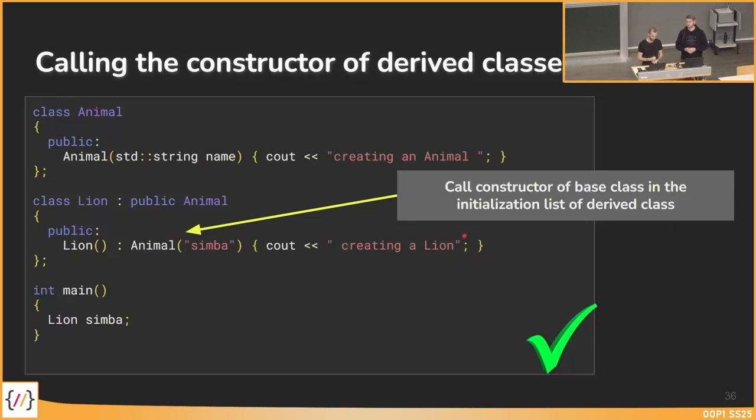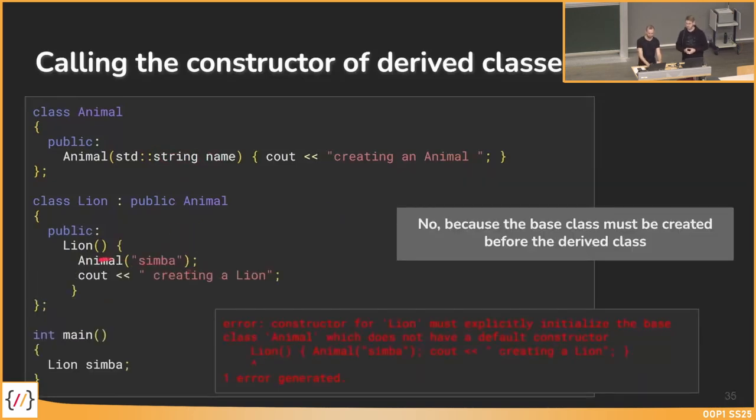So very, very important. If you have an inherited class and you create your own constructors, you always have to specify this in the derived class in the initialization list. When you do it inside of the body of the constructor of the derived class, it's too late.